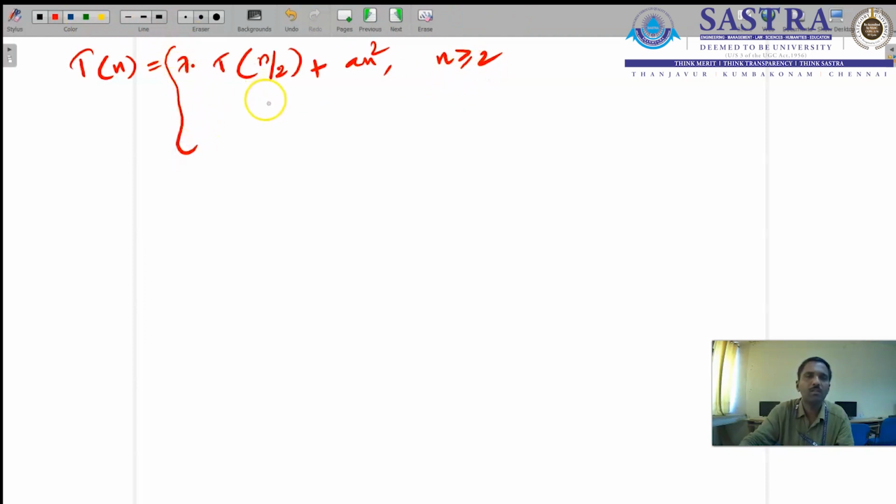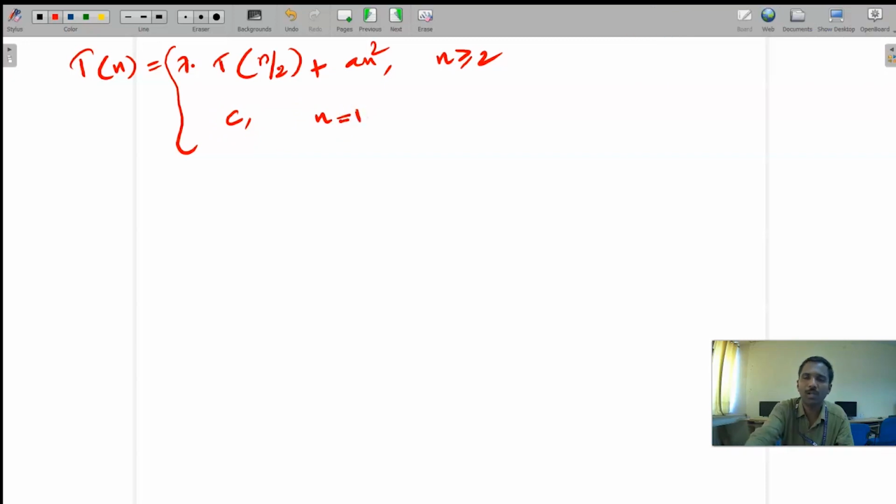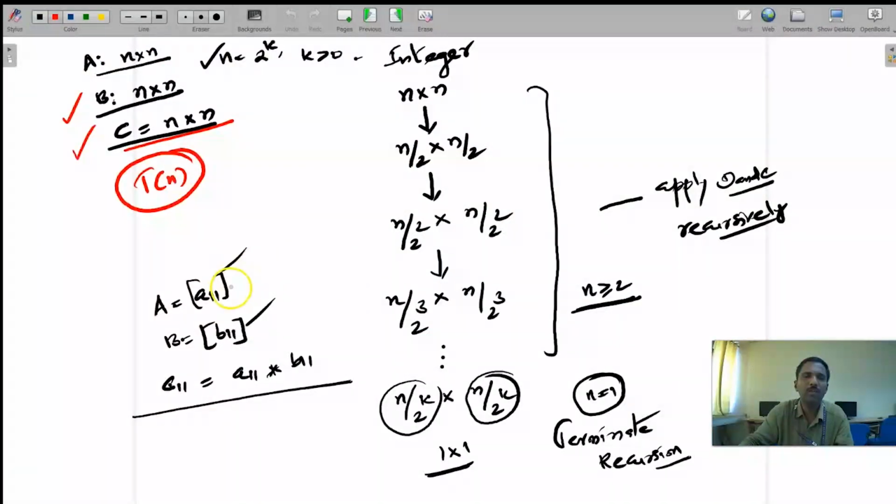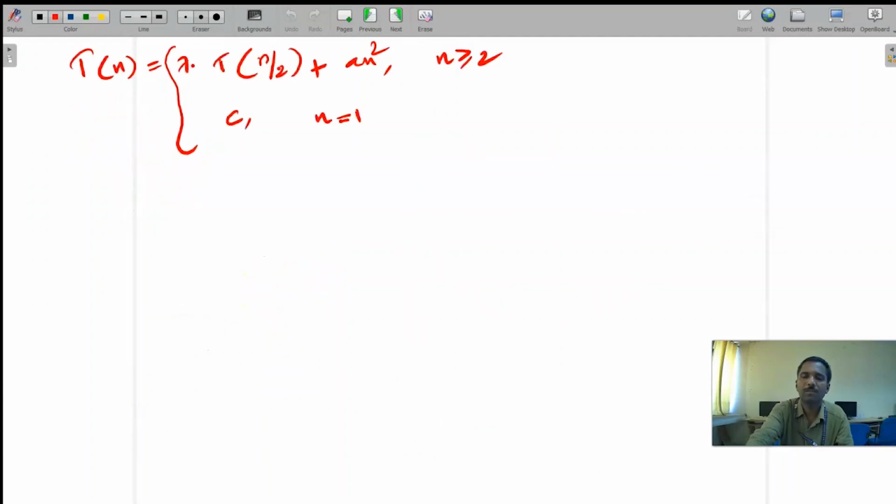Otherwise, we have a constant computational time c when n is less than 2, or simply when n is equal to 1. When n is equal to 1, we need to consider this as the termination condition. The first is a recursive condition.